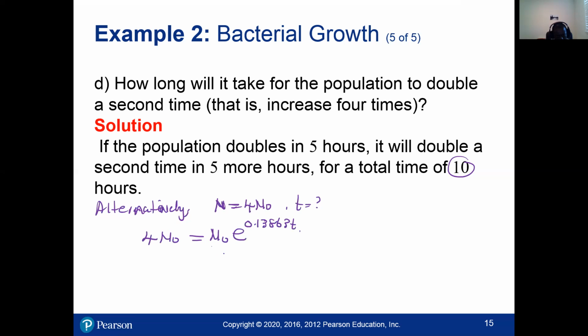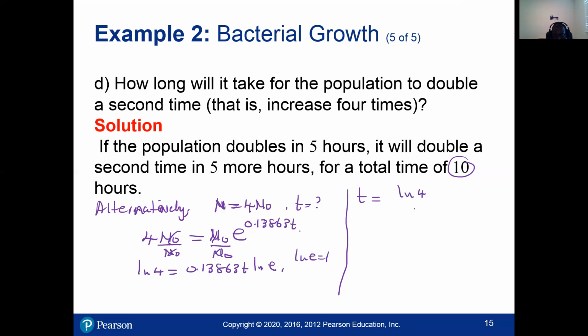Now, if you divide both sides by N naught, just like we did for parts B and C, you have what? And you take natural log, you get natural log of 4 equal to 0.13863 t natural log of e. And again, natural log of e is equal to 1. All right, so your t is natural log of 4 divided by 0.13863.